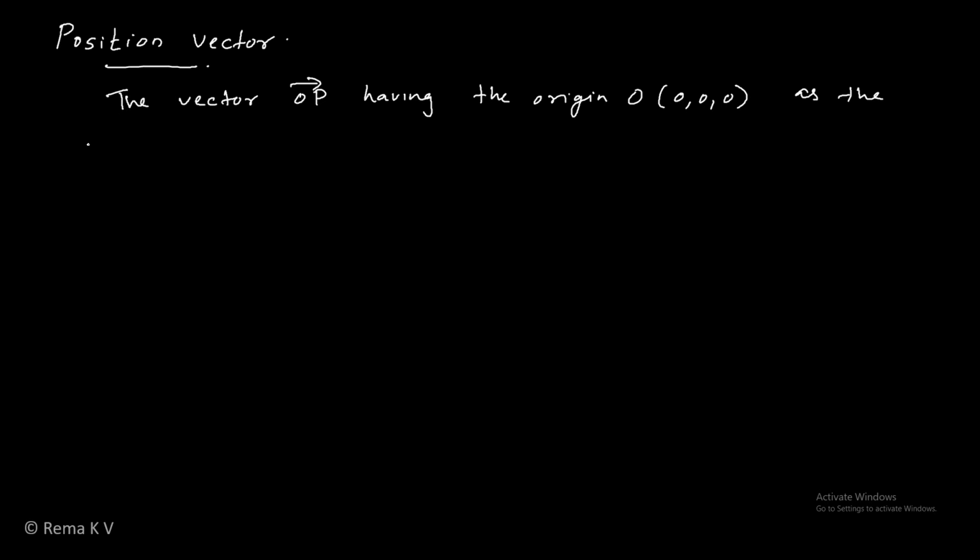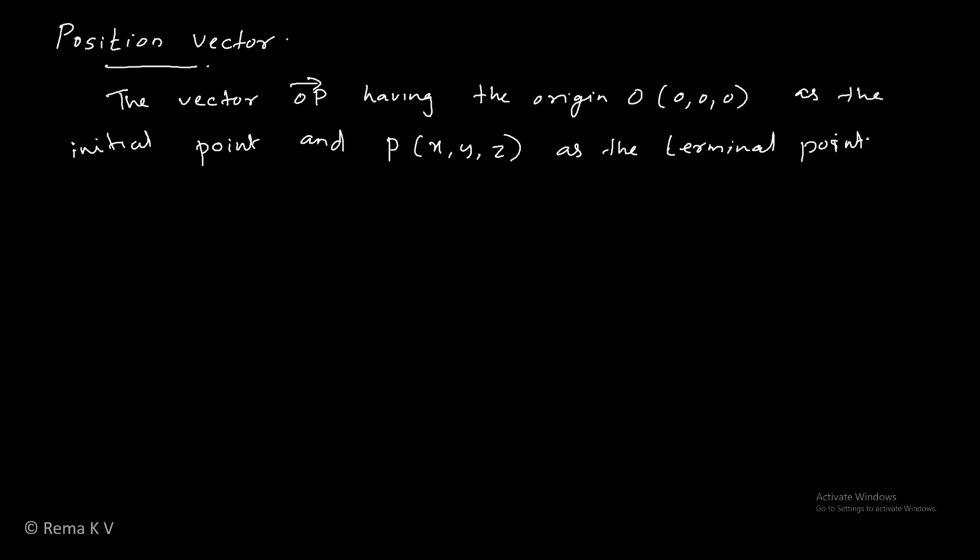The vector OP having the origin O (0, 0, 0) as the initial point and P (x, y, z) as the terminal point is called the position vector of the point P.